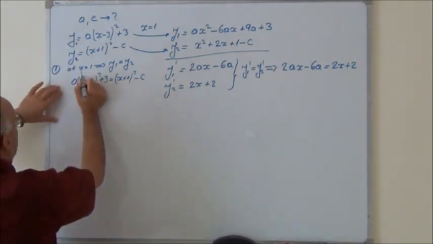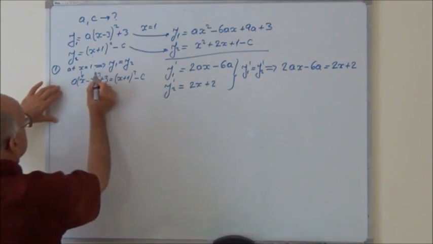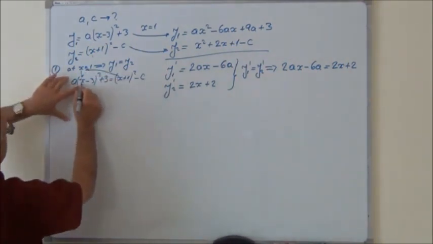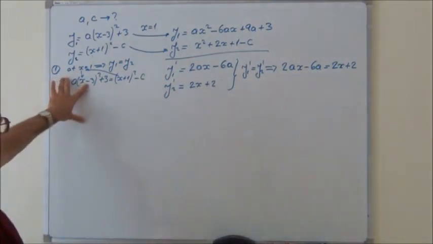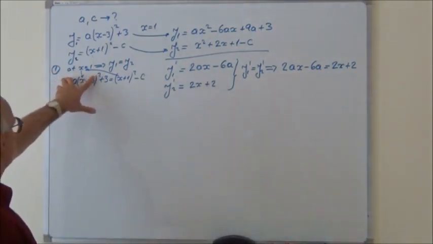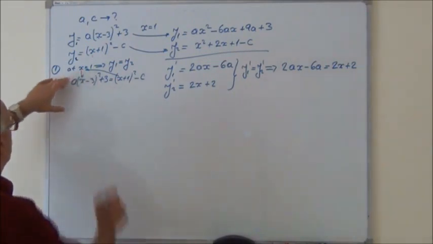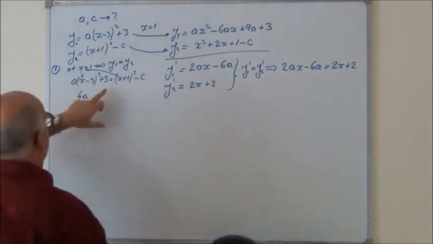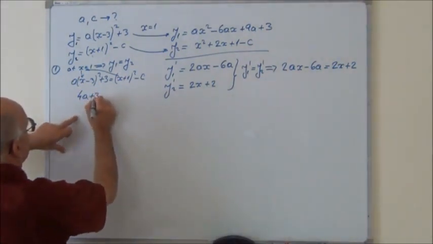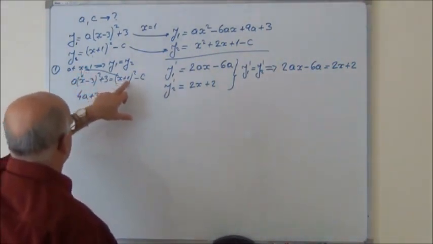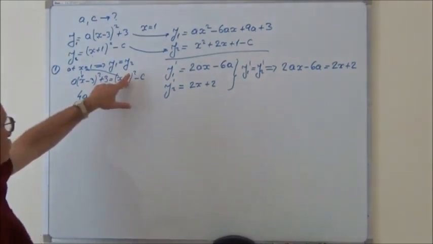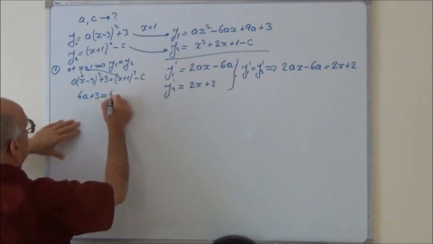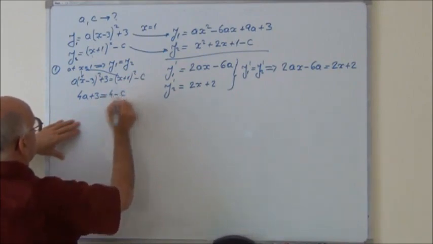Now substituting 1 for x, we have 1 minus 3 is minus 2, minus 2 power 2 is positive 4, and we have 4a plus 3, and here 1 plus 1 is 2, 2 power 2 is 4, minus c.